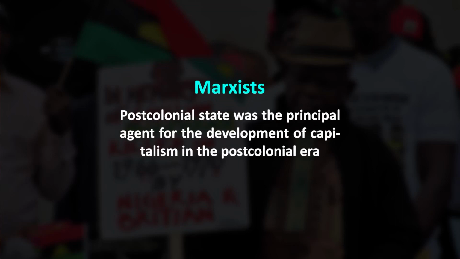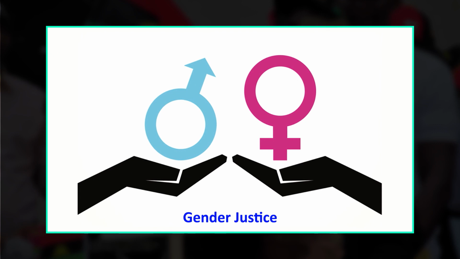For Marxists, the post-colonial state was the principal agent for the development of capitalism in the post-colonial era. Finally, the feminist perspective, drawing on a wide range of disciplines, explores the gendered state processes, the implications for women, and strategies for realizing gender justice in the post-colonial states.